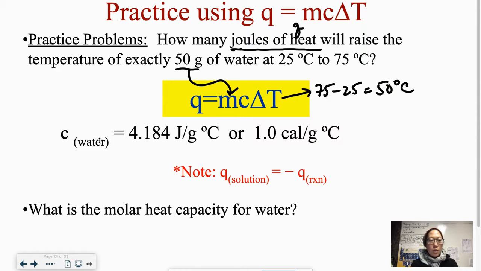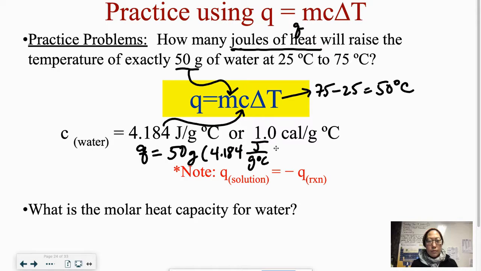And then c, the specific heat of water, is right here. We can put that in for c. This is basically a plug and chug. So Q, the heat, is equal to 50 grams times 4.184 joules per gram degree C, times delta T, which is 50 degrees C. And you can see the units canceling out nicely.